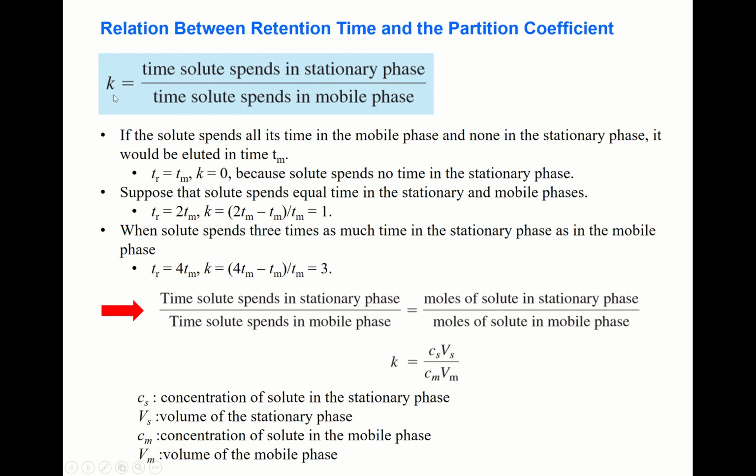We can also calculate the k value as the time the solute spent in the stationary phase divided by the time the solute spent in the mobile phase. The time the solute spent in the mobile phase is the smallest time. If these times are the same, that means no retention, for example for methane. Carefully read this: the time the solute spent in the stationary phase.